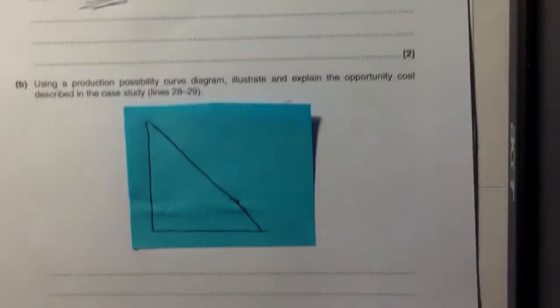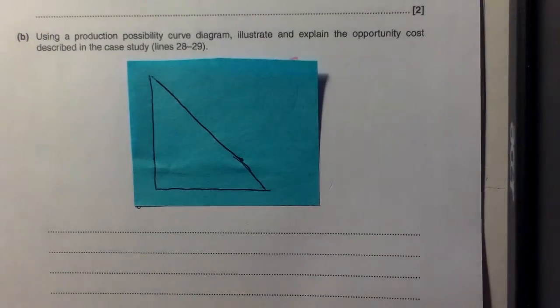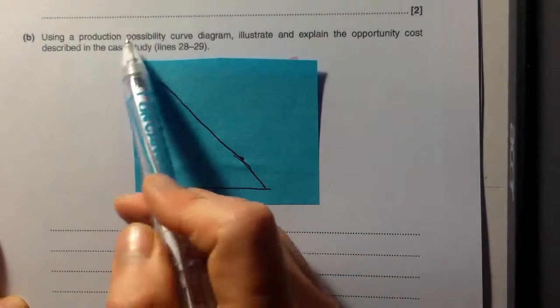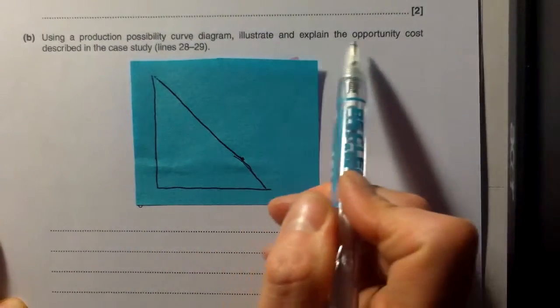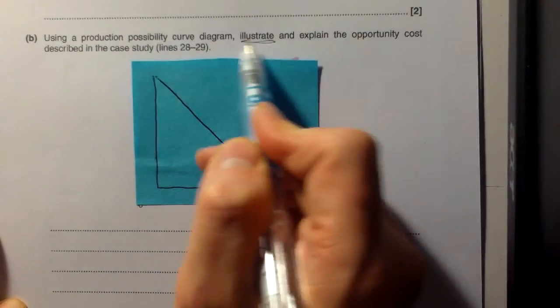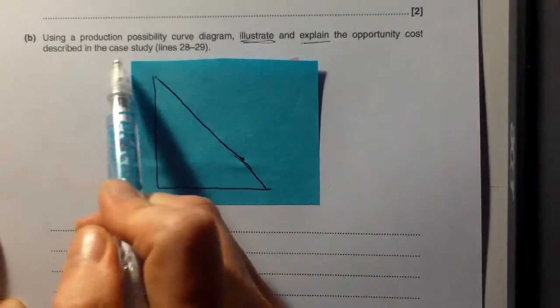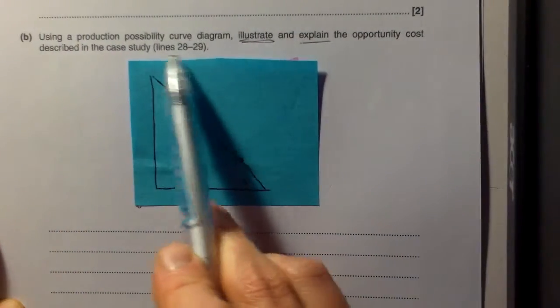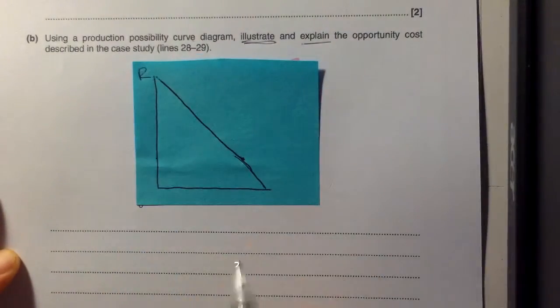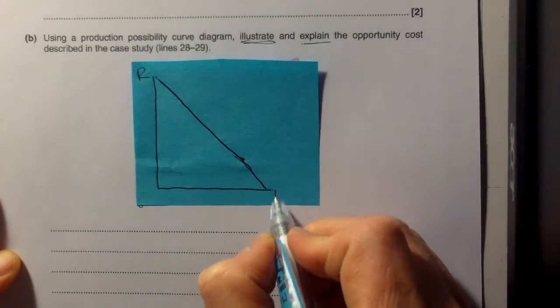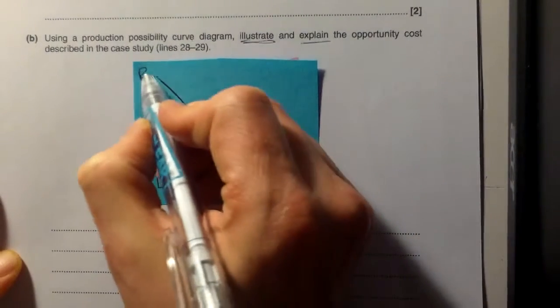Now we've just been asked to define opportunity cost, but now we've got, using a production possibility curve, or PPF, diagram, illustrate and explain. So we're going to draw it and then explain the opportunity cost described in the case study. Now that line 28 to 29 was the government and the option between renovating and new homes.